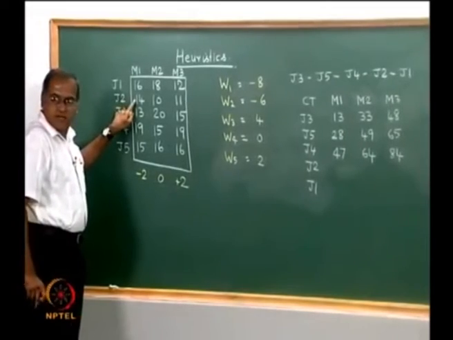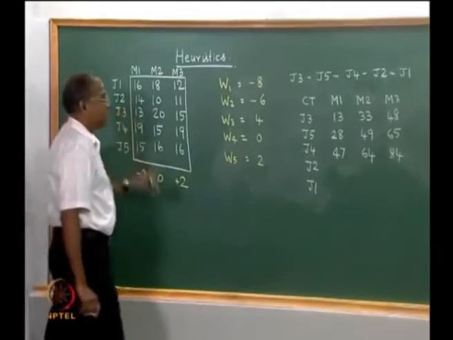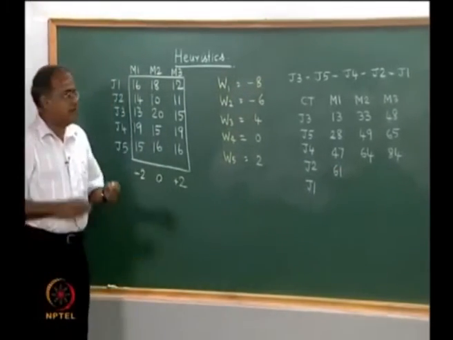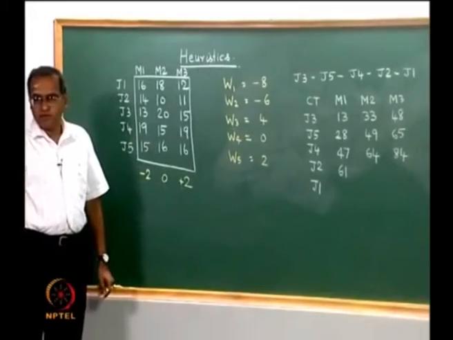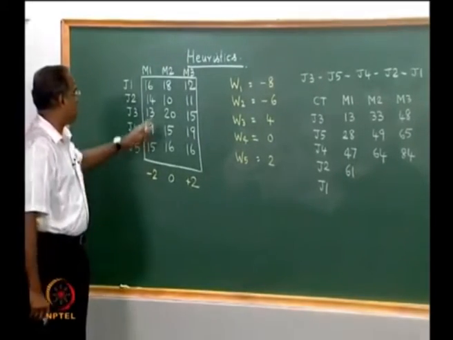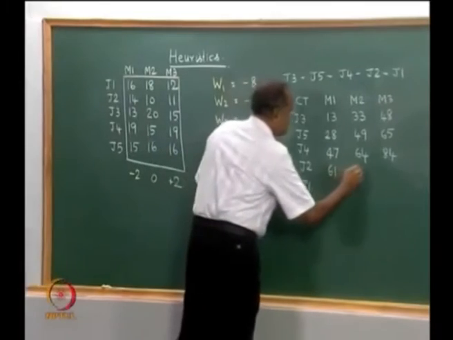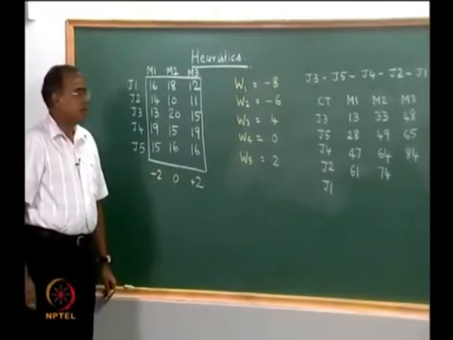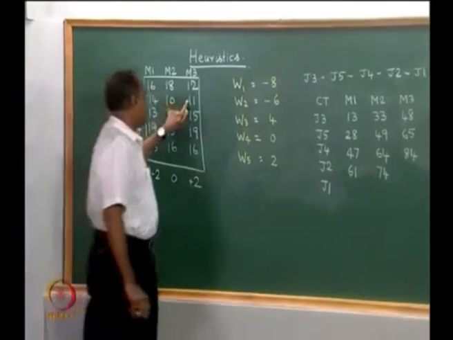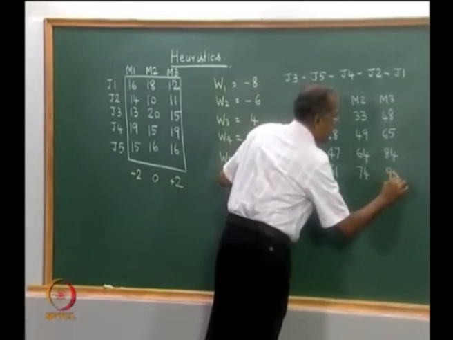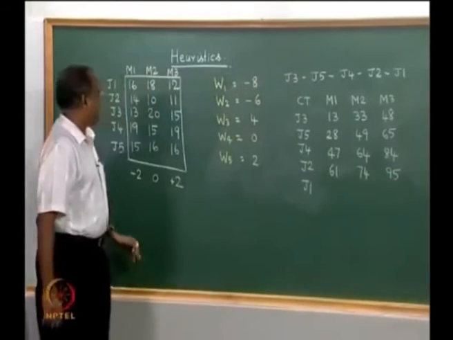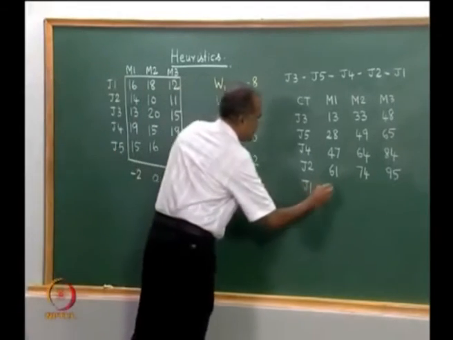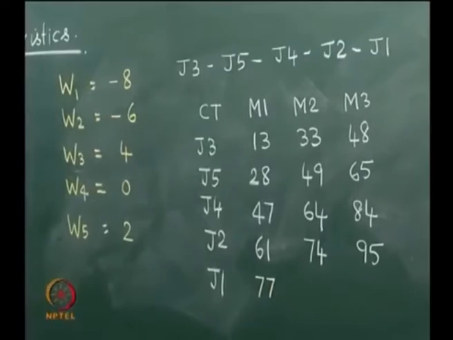J2 starts at 47 on M1, takes another 14, so finishes at 61, waits till 64 for M2, starts at 64 on M2, takes another 10, so 74, waits till 84 for M3, starts at 84, takes another 11, so finishes at 95. Now, J1 starts at 61 on M1, takes another 16, so finishes at 77.